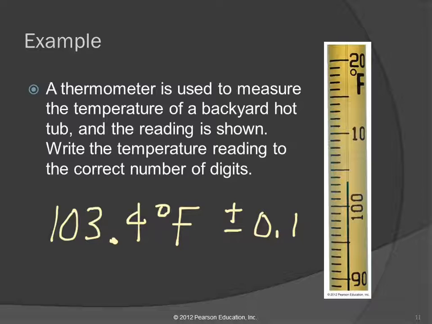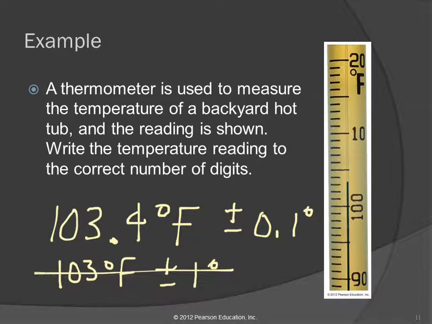It's probably between 0.1 above and 0.1 below, so probably between 103.3 and 103.5. If I just wrote 103 degrees Fahrenheit, that would imply an uncertainty of plus or minus 1 degree, meaning it was more estimated, less precisely measured. 103 says to a scientist that it's between 102 and 104. But our thermometer gave us more information than that. And so this is not a correct way to write that measurement.